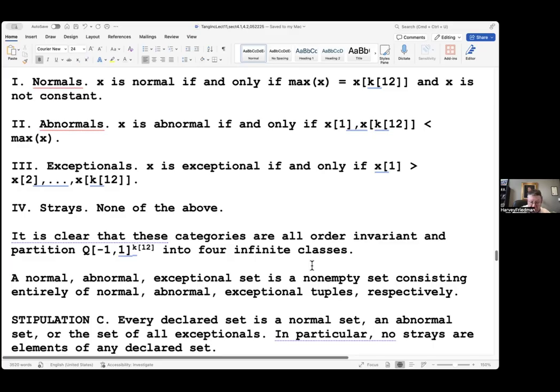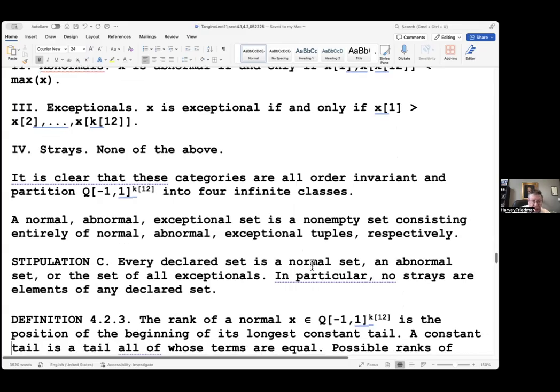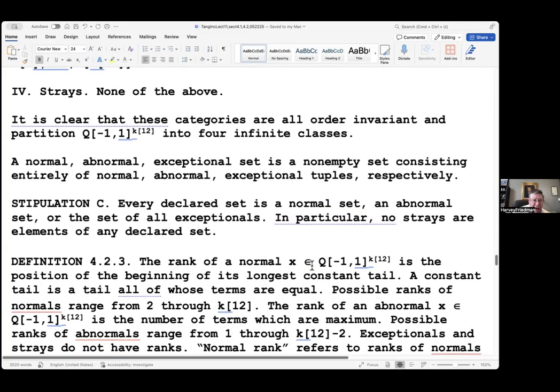Nothing can block a stray because strays can't even be in these sets. What did I call them? Declared sets, sorry. Every declared set is a normal set, an abnormal set, or the set of all exceptionals.